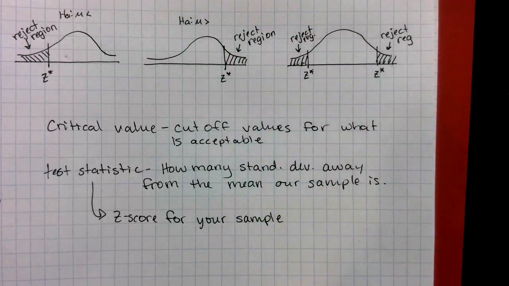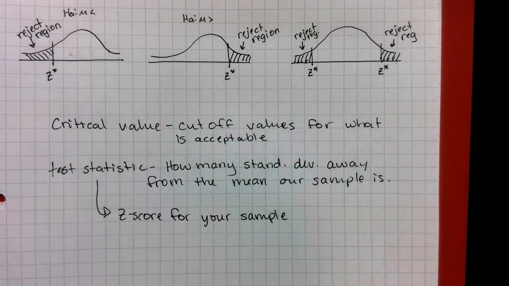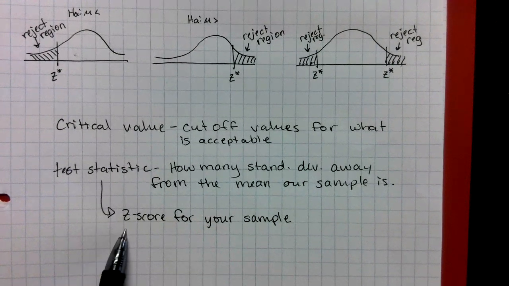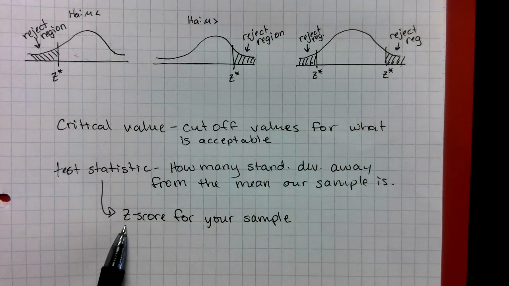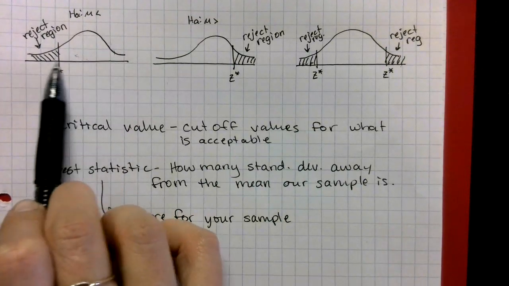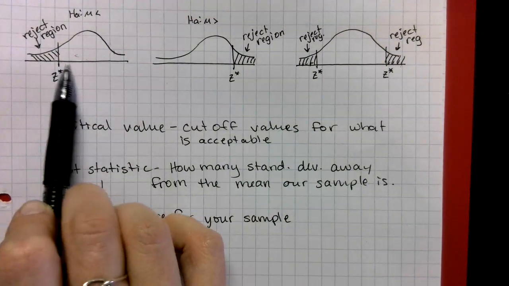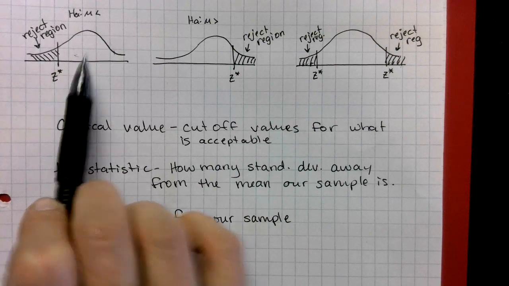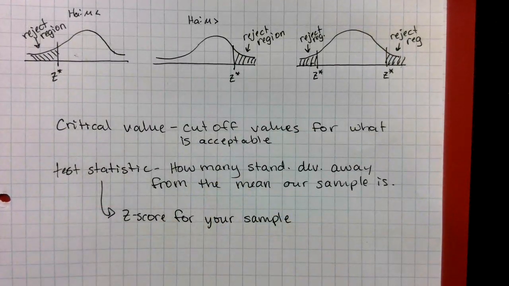I'll explain that a few more times as we go, because I think that's confusing, but it's also super important. So what we look for is this test statistic, which is basically your z-score for your sample, and we look at where that test statistic falls on this curve.